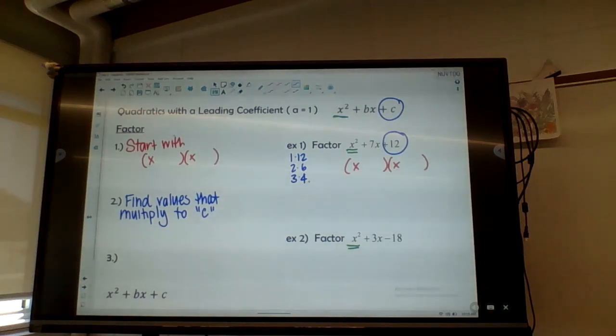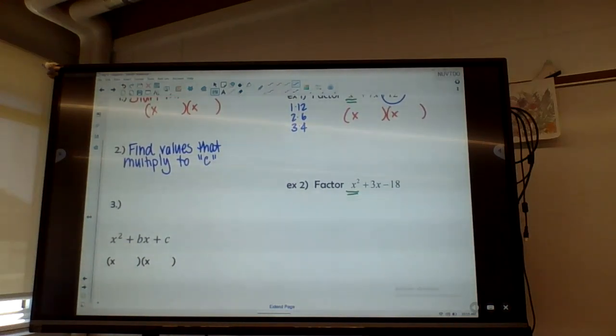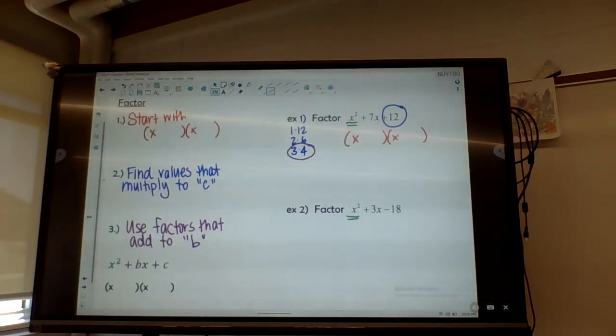Now out of that list, we're going to use the set of factors that will add to give us B. And there's only going to be one set that works. 1 plus 12 would be 13, 2 plus 6 would be 8, 3 plus 4 is the 7 that we're looking for.